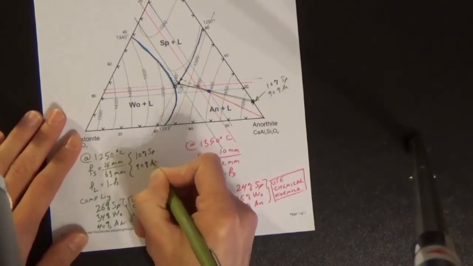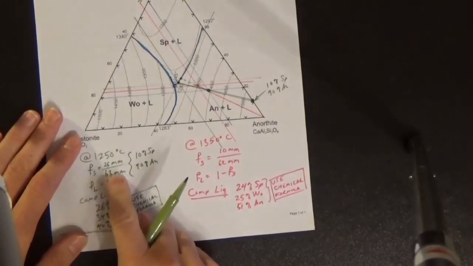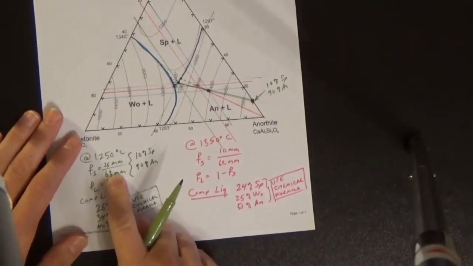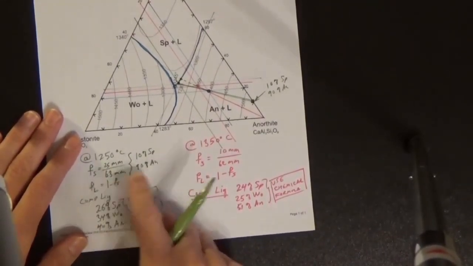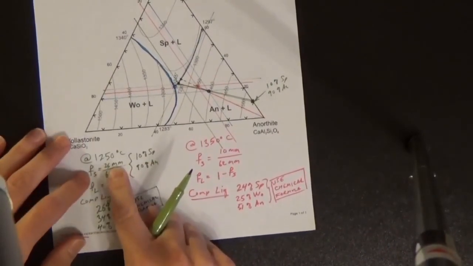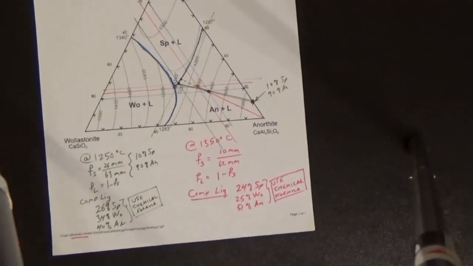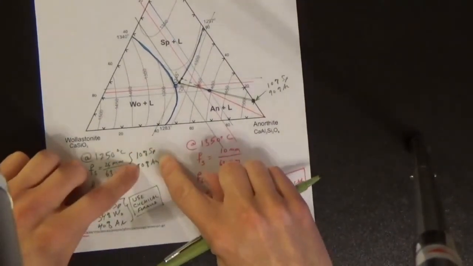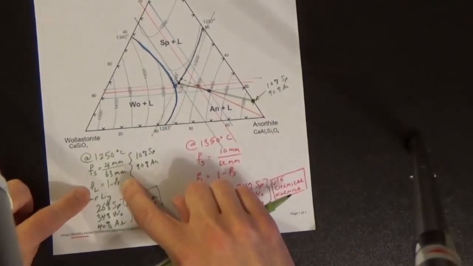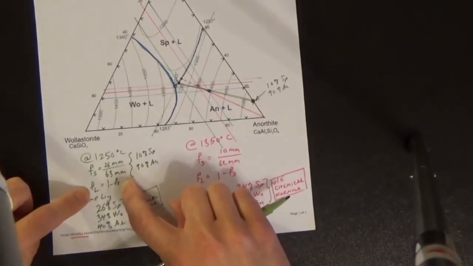So what you can do is, if you know the fraction of solid, you know the fraction of liquid, and you know that that fraction of solid is 10%, then you can say overall what the fraction of SP, AN, and liquid is in the system.